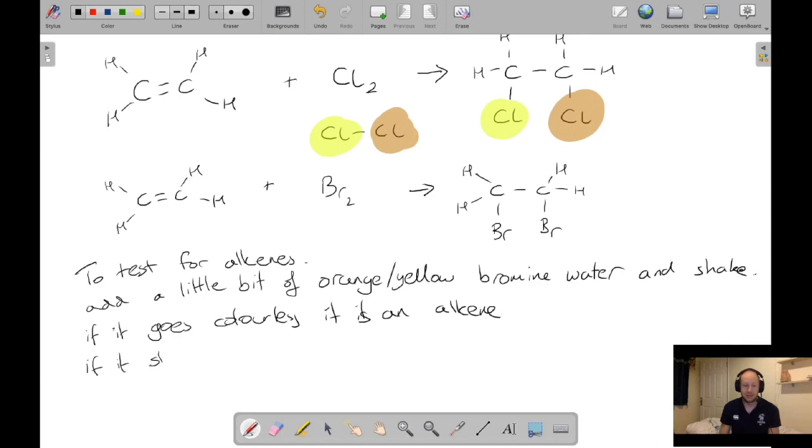If it stays orange-yellow, it is not an alkene. So this is a really good way of testing to see if something is an alkene or not.